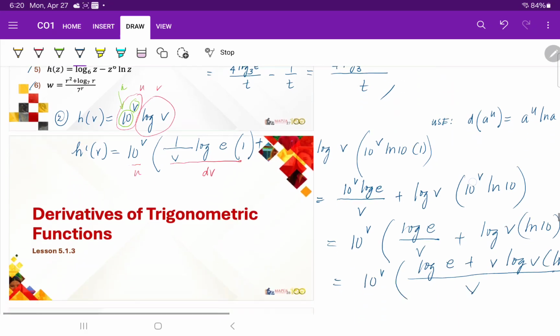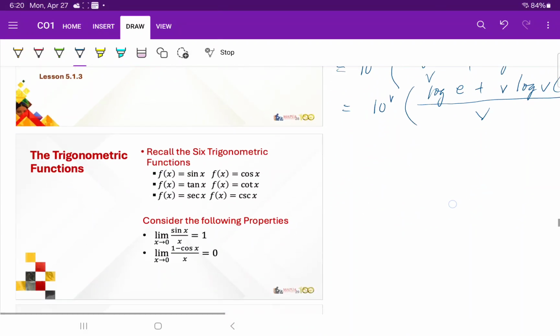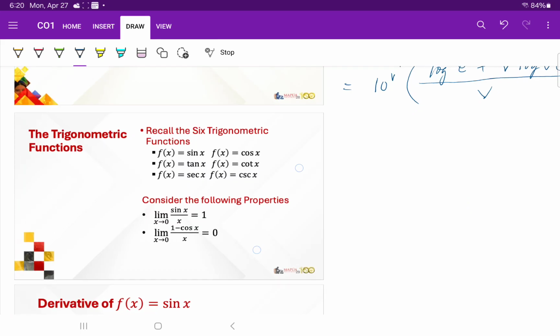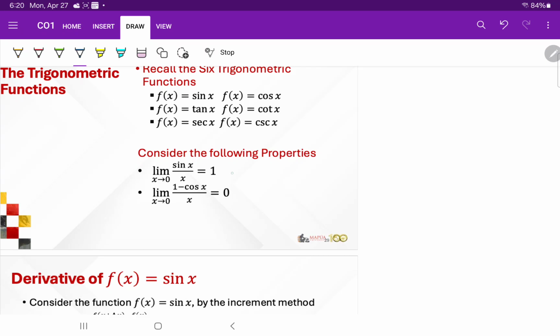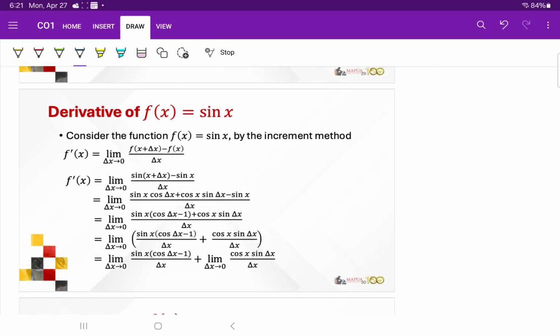Now the next topic is the derivative of trigonometric functions. These are the 6 basic trigonometric functions: sine, cosine, tangent, cotangent, secant, and cosecant. We have these properties which we get from the squeeze theorem, and this is how we get the derivative of sine x, using the four-step rule.